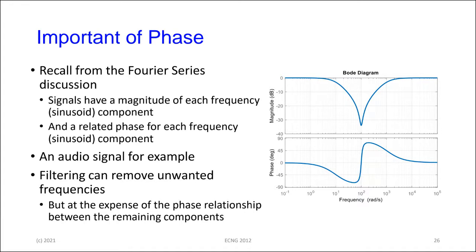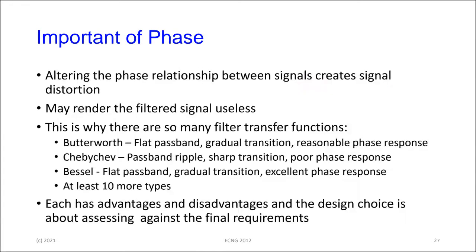Yes, exactly. So altering it creates signal distortion, and it may or may not render the filtered signal useless, which is why there are so many different ways to implement filters, transfer functions.